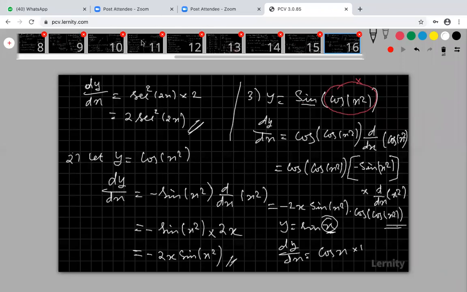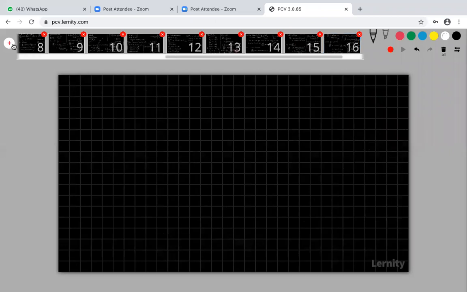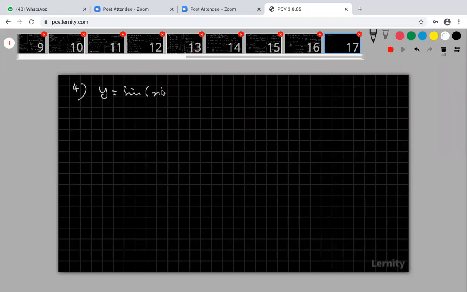Yeah, very good. The next one is: y is equal to sine of x square plus 5.